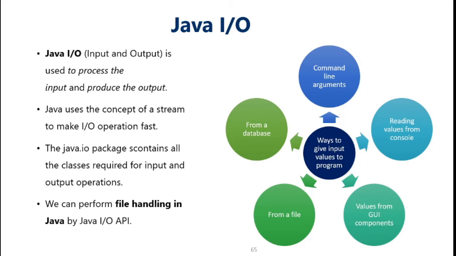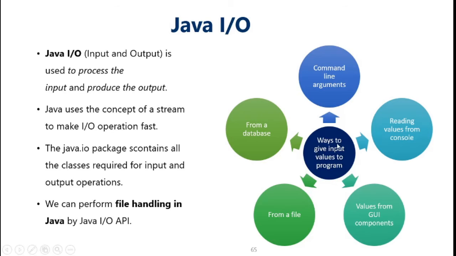The next topic is Java input output. Whenever you are writing any Java program, you can store values in variables. Now a program can take values from the user in a number of ways, and those ways are given in this figure.